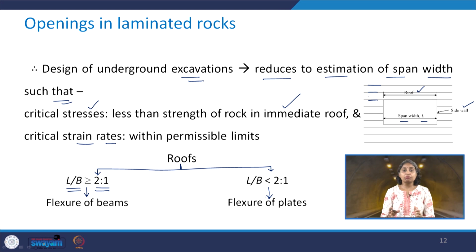So, depending upon the width and the length of the excavation, we need to decide whether the beam theory or plate theory is applicable while analyzing the openings in such laminated rocks.